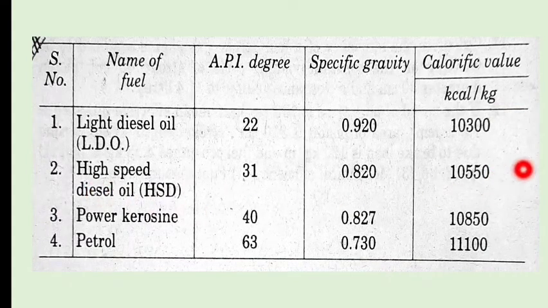So guys, here the maximum calorific value is of petrol, which is followed by kerosene, then high speed diesel and low speed diesel. So low speed diesel has less calorific value and petrol has more calorific value. Again, just mug up this data. It will be directly asked in MCQs.